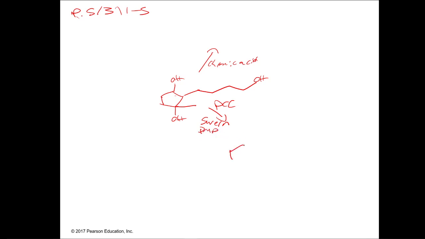So this is the mild version. Right? Tertiary alcohol can't get oxidized. This will become a ketone. That'll become an aldehyde. Okay?